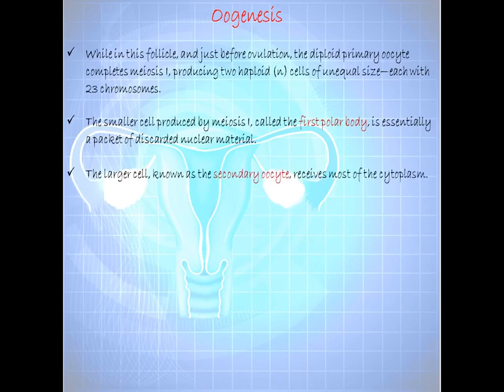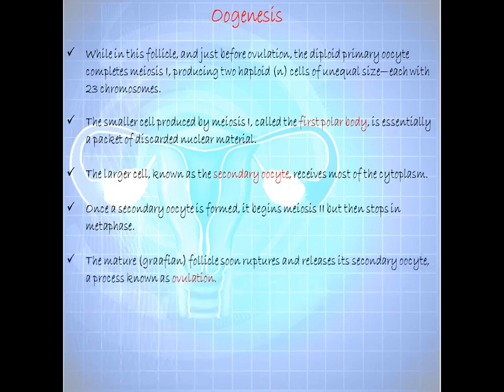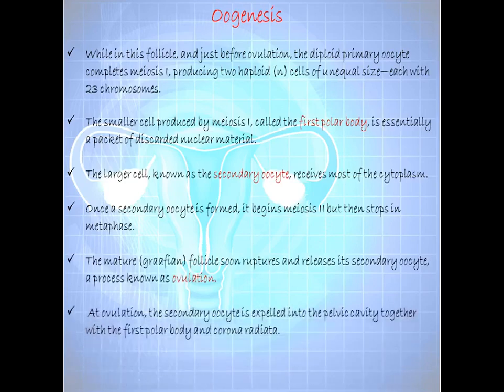The large cell, known as the secondary oocyte, receives most of the cytoplasm. Once a secondary oocyte is formed, it begins meiosis II, but then stops in metaphase. The mature or Graafian follicle soon ruptures and releases its secondary oocyte, a process called ovulation.